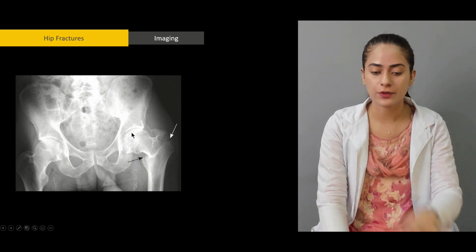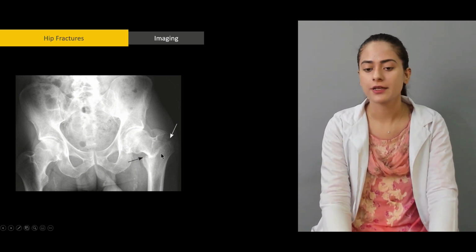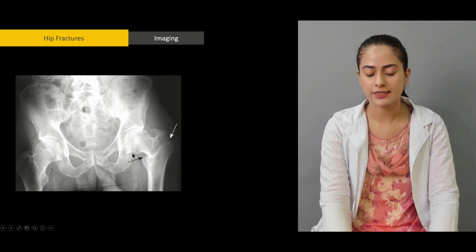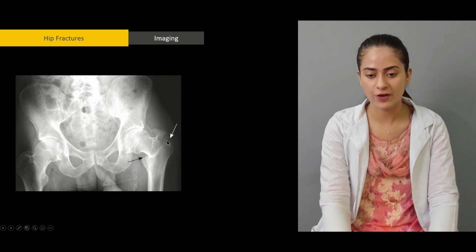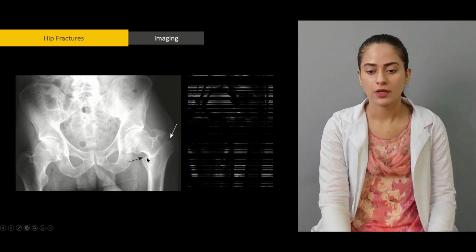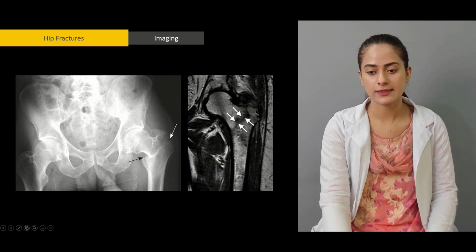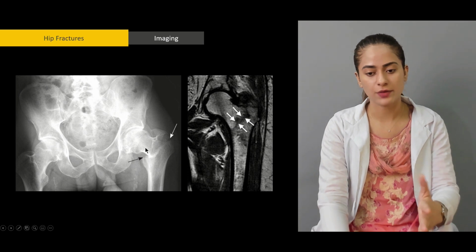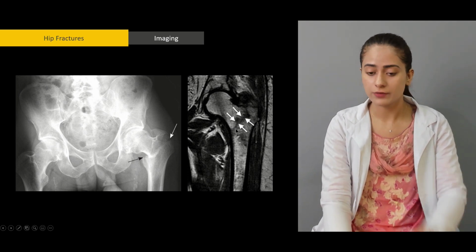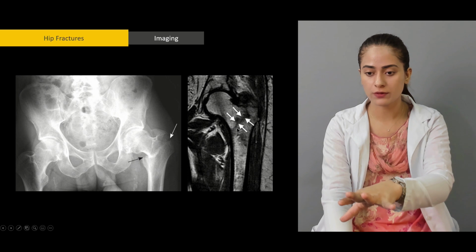So here now let's focus on the fracture site. This is the acetabulum, the femoral head, the neck, the greater trochanter, the lesser trochanter. This is the fracture here, the entire fracture till here, right? And this is an MRI of the same patient. Here it's more visible that it's a through and through fracture.